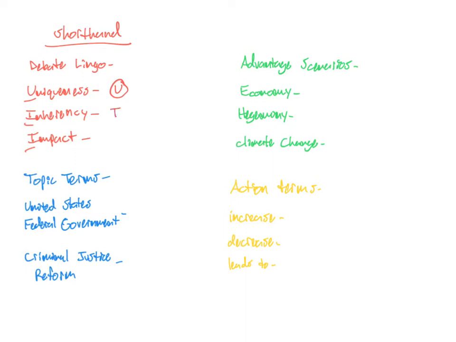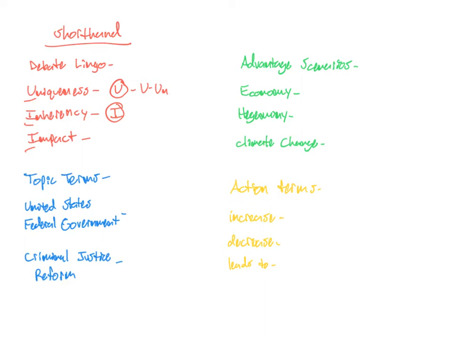Same thing with inherency for the affirmative. I like to use I with a circle. And again, this is up to you. If you prefer to just write U, or maybe you want to write UN for uniqueness or anything else, this is entirely up to you. I'm just going to discuss my system to give you a starting point, and then you can feel free to use what works for you and don't use whatever you don't prefer.